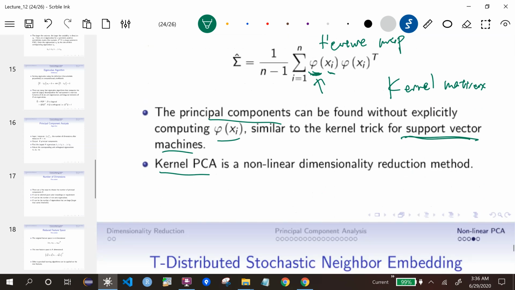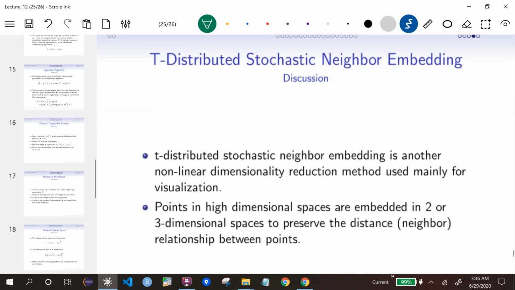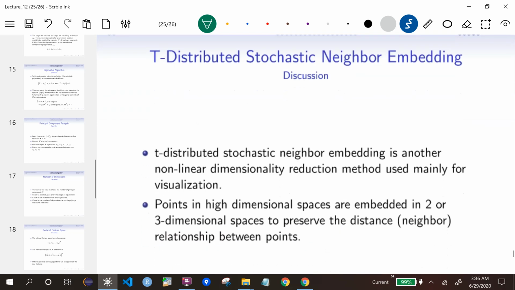Let's actually talk about another completely different algorithm, and it's more like an embedding idea as opposed to dimensionality reduction. The reason I still want to talk about it is that it does reduce the dimension, usually into 2 or 3 dimensional spaces.